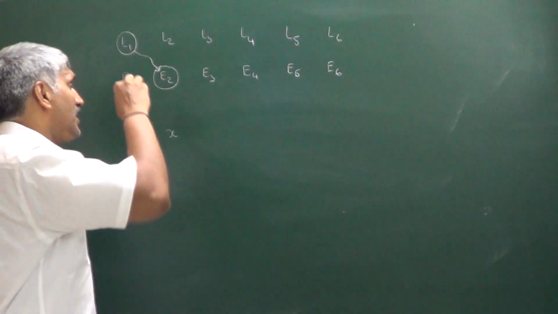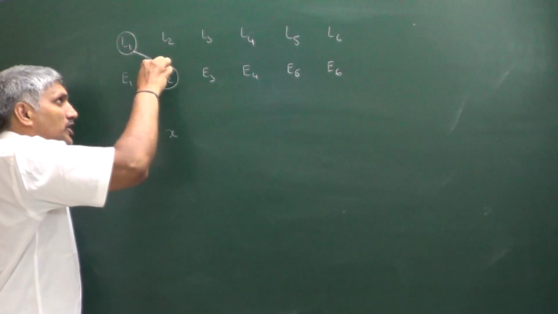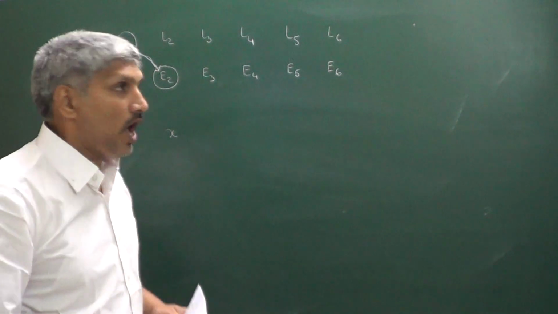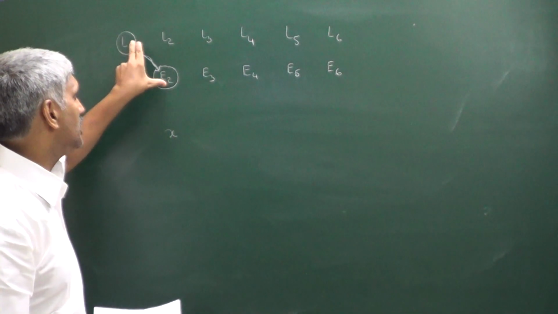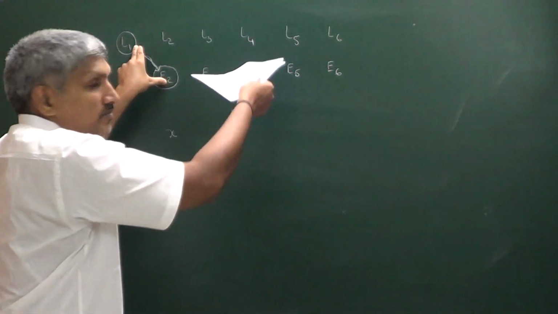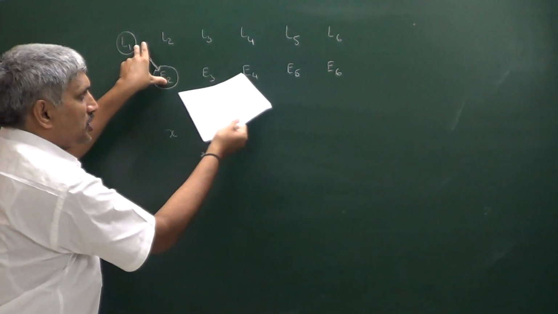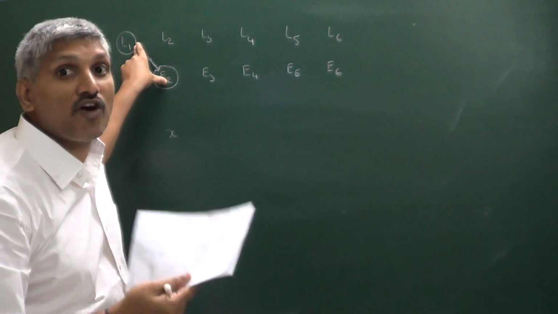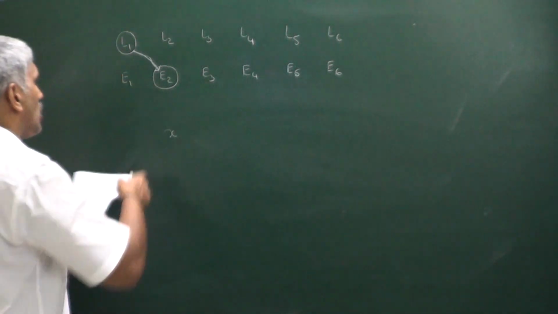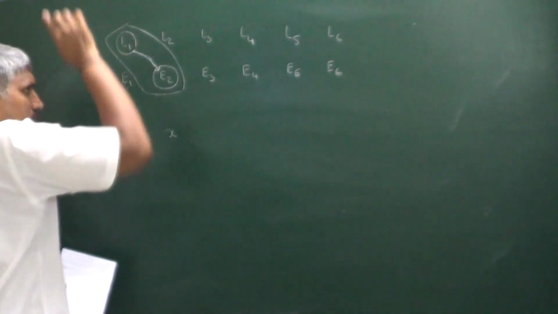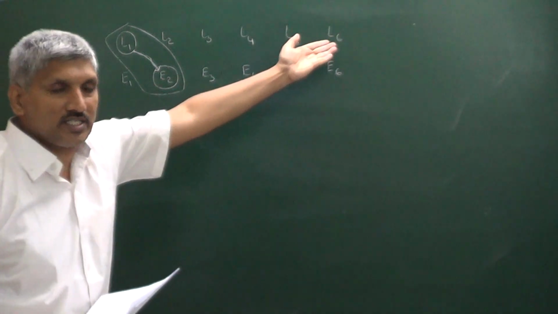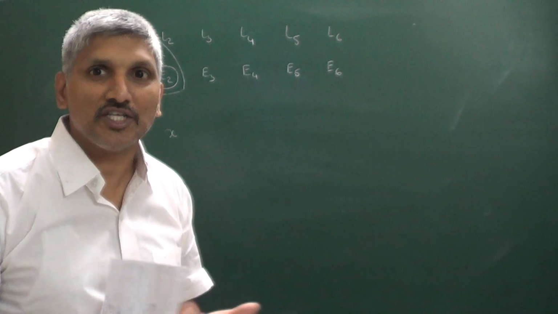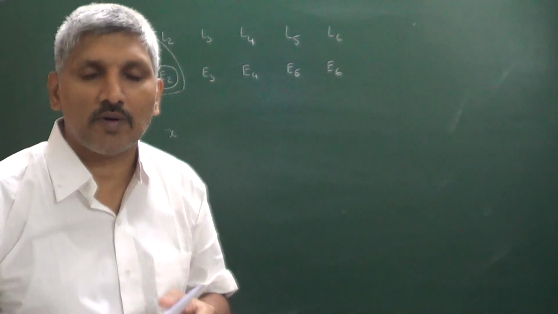Once again, when L1 is entering into E2, the remaining 5 letters can be arranged in these 5 envelopes. That is D5, dearrangement of 5 objects, because this one is already matched. Now the remaining 5 letters are dearranged in these 5 envelopes in how many ways? That is D5.